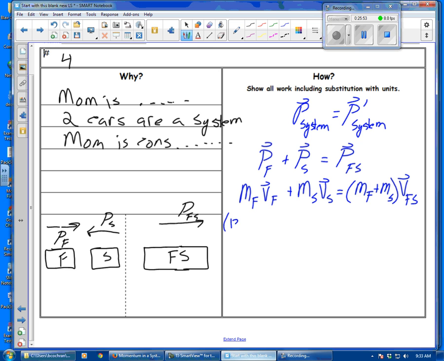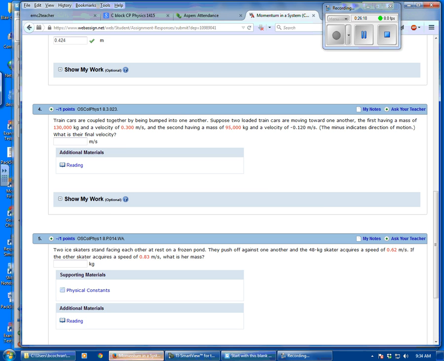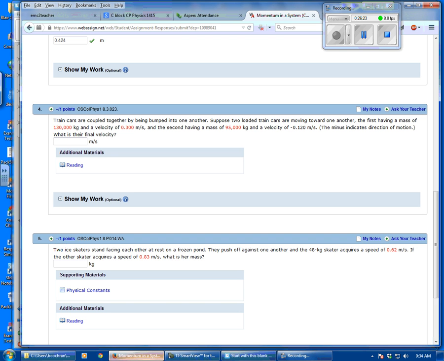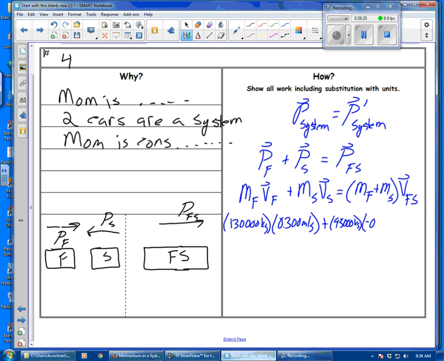130,000 kilograms times 0.300 meters per second. I'm going to run out of room here. Maybe I should start writing really small. 95,000 kilograms times negative 0.12 meters per second.